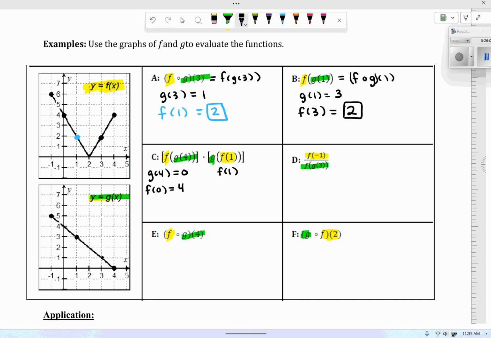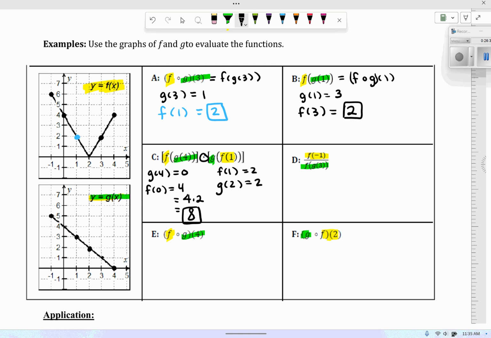So on the f graph of 1, we get 2. And then our outer function is g. So g of 2, when x value is 2, our y value is 2. And then notice we're multiplying these functions because we have a multiplication symbol here. So 4 times 2 gives us, oops, I wrote 8. 4 times 2 is 8. So that would be the answer for our composition.